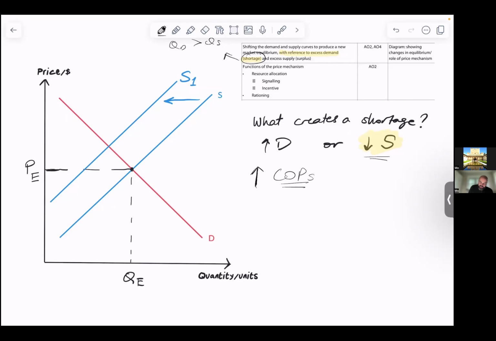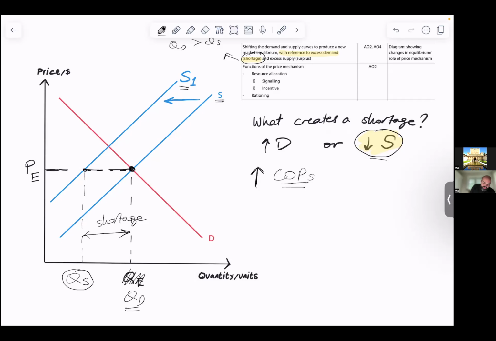An increase in the costs of production will shift the supply curve to the left from S to S1. How do I show the shortage? Well, extend the dotted line to the new supply curve. This is the new quantity supplied, while QE is quantity demanded. Quantity demanded has not caught up with the decrease in supply yet. So there is a shortage.